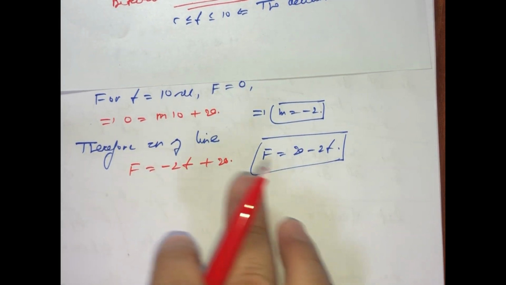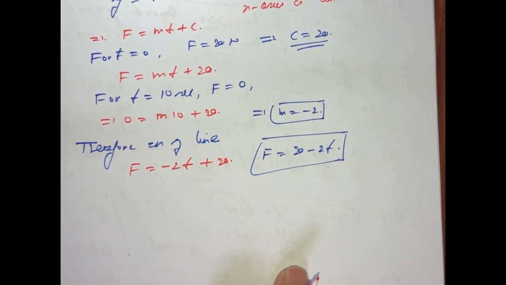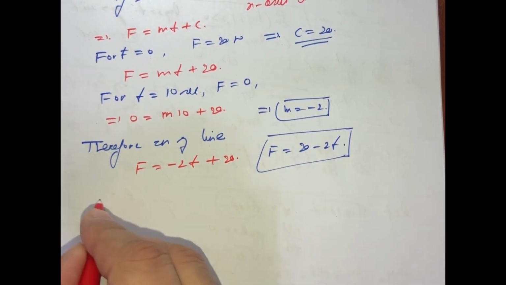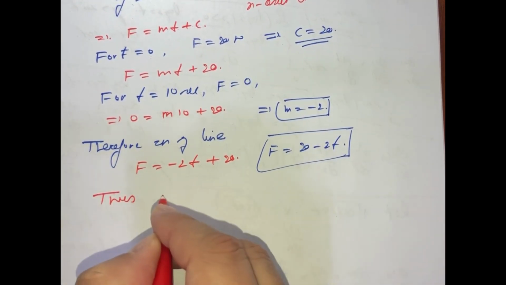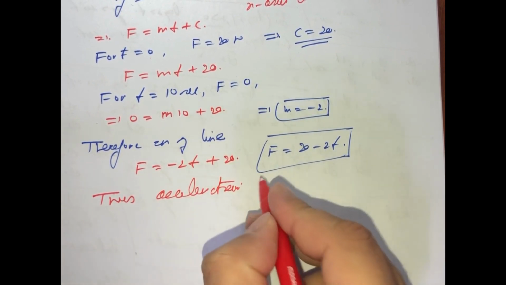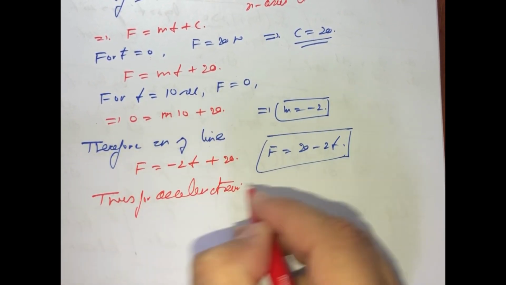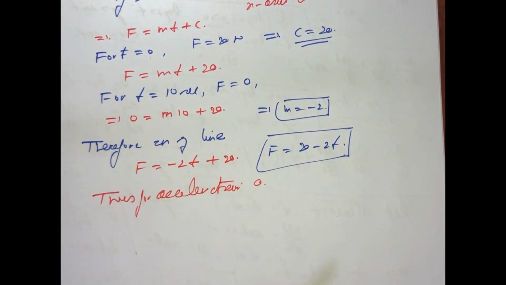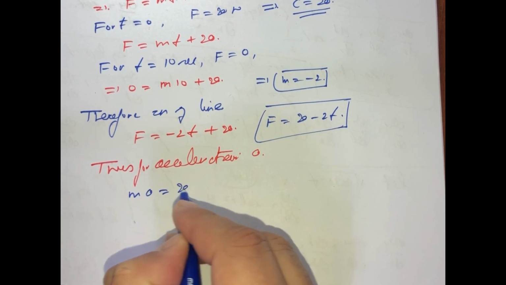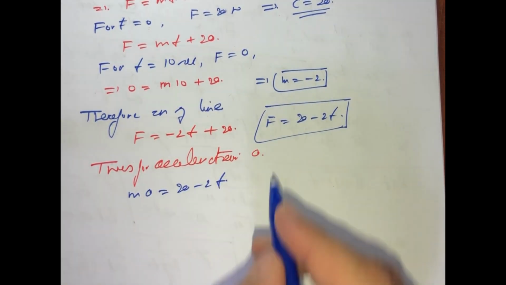Therefore, if a is acceleration, which we already said, then for acceleration a we can write ma is equal to 20 minus 2t.